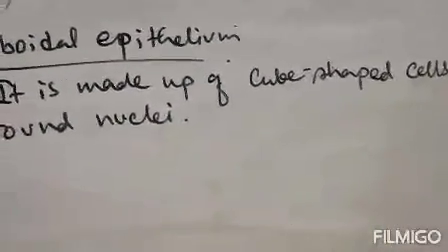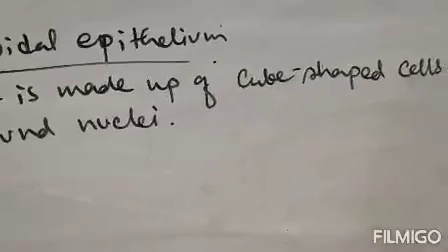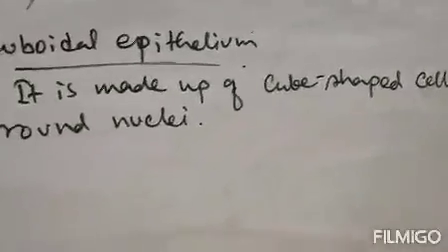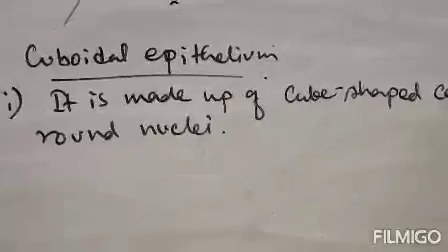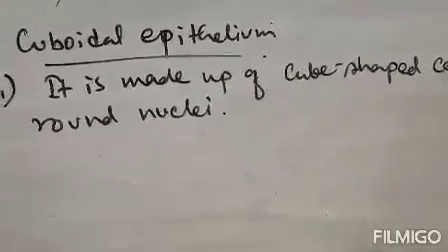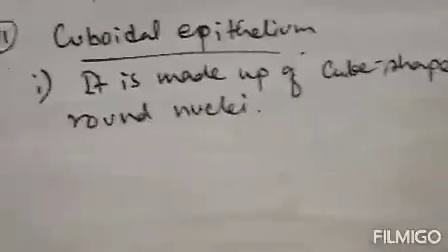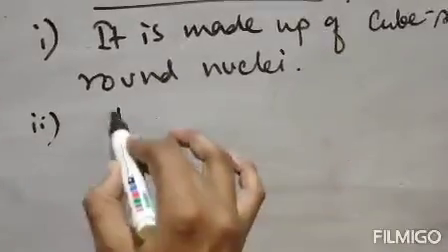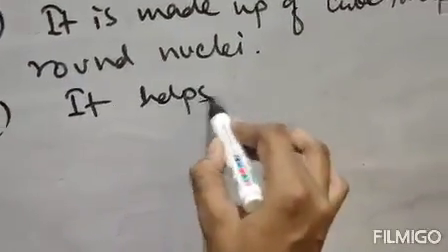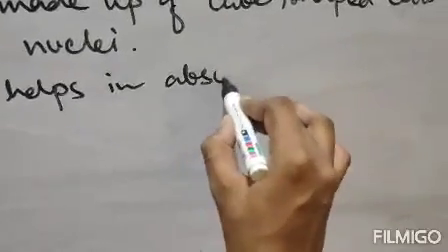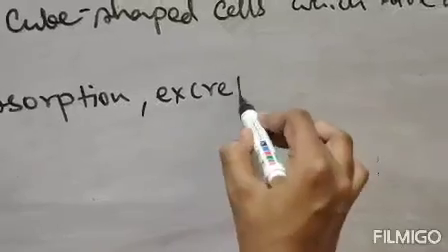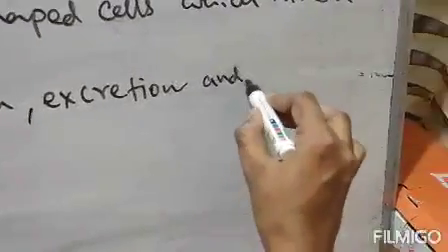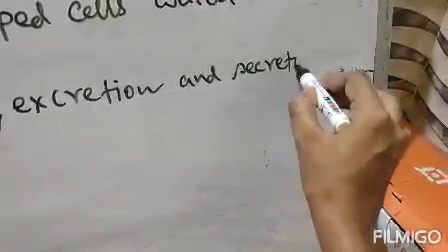The cuboidal epithelium also helps in absorption, excretion and secretion. So number 2 point, it helps in absorption, excretion and secretion. Clear? So this is cuboidal epithelium.